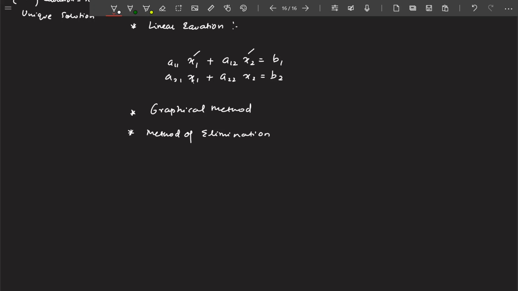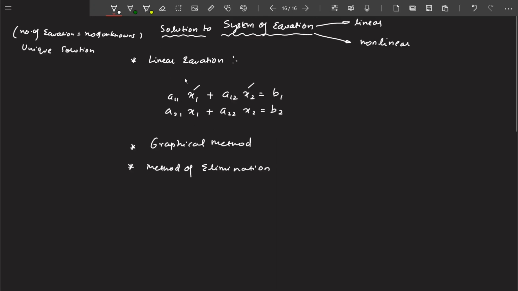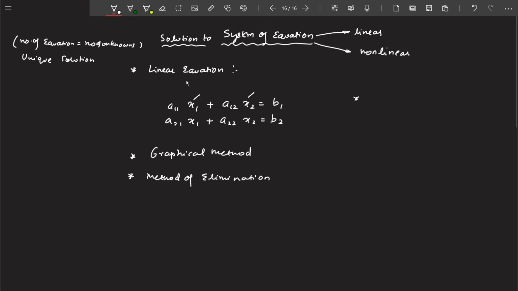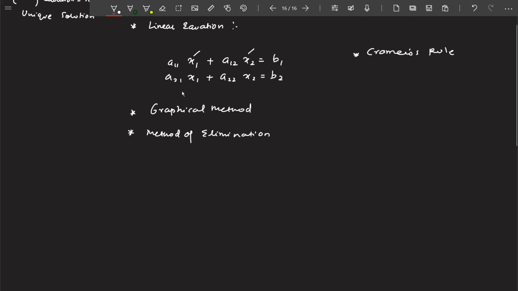Okay. Also there is one more method known as Cramer's rule that we are not going to discuss. It involves determinants. So there are three methods, or two methods. Since we are not going to discuss Cramer's rule, let us talk about the graphical method and the method of elimination.